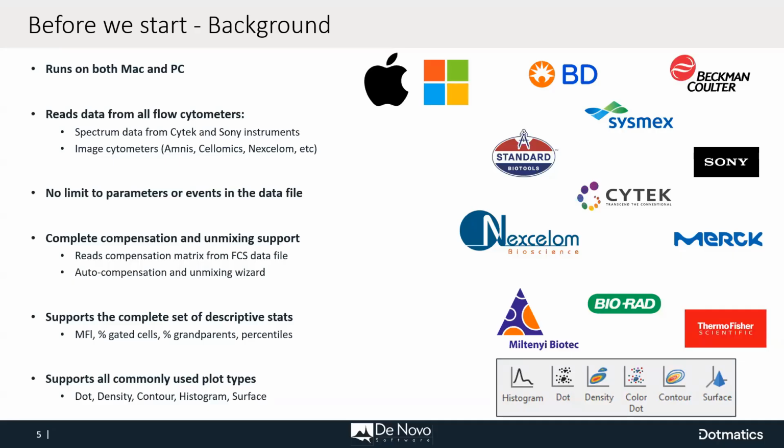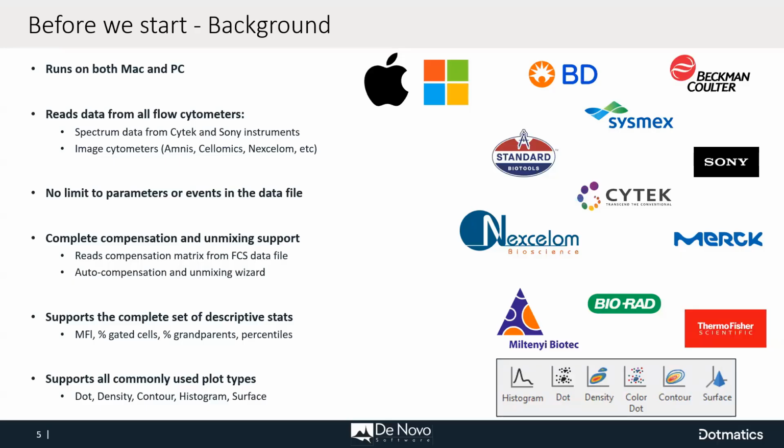And then we have complete compensation and unmixing support. So we can read compensated matrix from FCS data. Also, we have an auto compensation and an unmixing wizard, which I'll briefly talk about. And then we also support the complete set of descriptive statistics. So your mean fluorescent intensity, percent gated, percent grandparent, etc. All of this can be done.